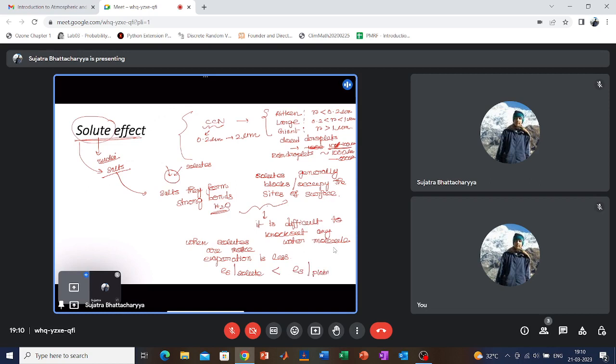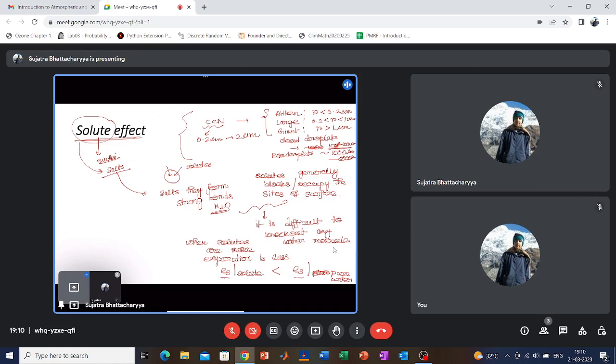Here plane surface or curvature is not a big deal, but pure water is the important thing, because here we are talking about the purity, whether some solutes are present or not. If the solutes are not present, the ES is more as compared to when the solutes are present.